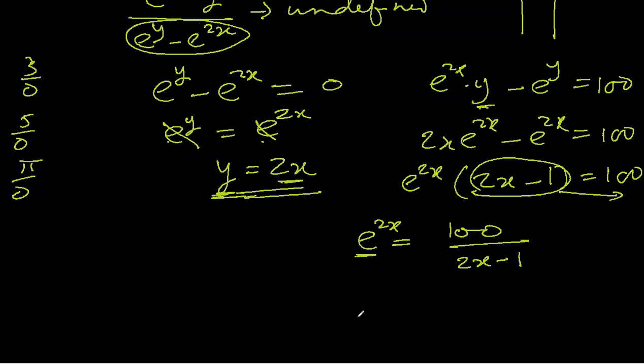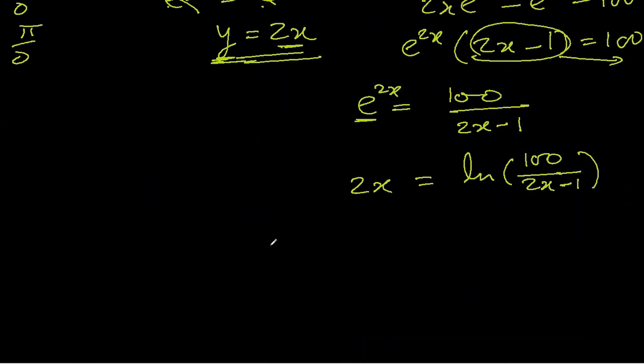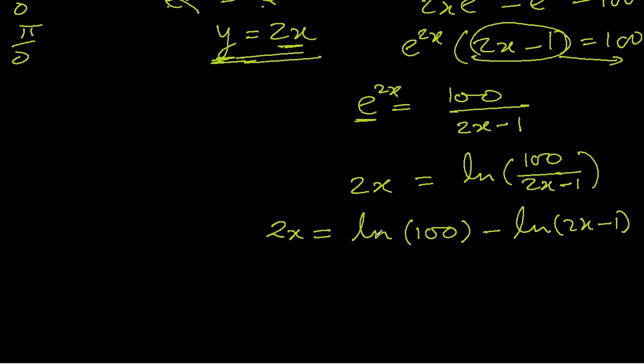Now to remove this e, we will have 2x equal to ln of 100 over 2x minus 1. Since they are dividing inside ln, just like in one of the previous questions we did, we'll separate them by applying ln to both: ln 100 minus ln of 2x minus 1.